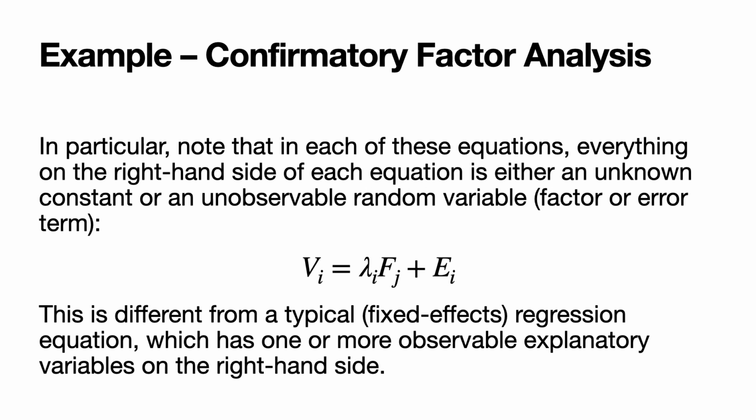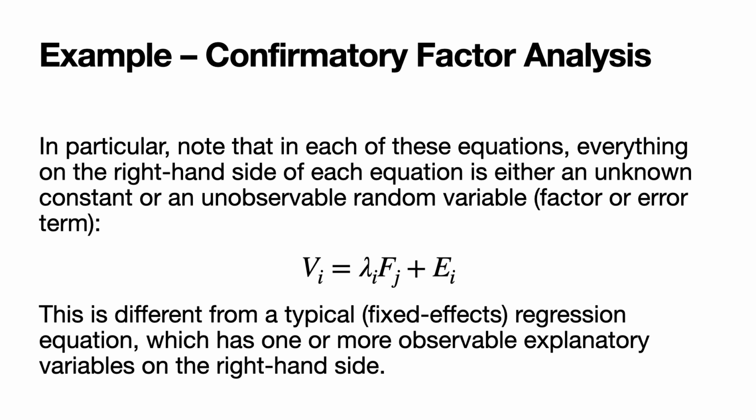In particular, note that in each of these equations, everything on the right-hand side of each equation, an example of which we can see below, is either an unknown constant or an unobservable random variable, that is either a factor or an error term.